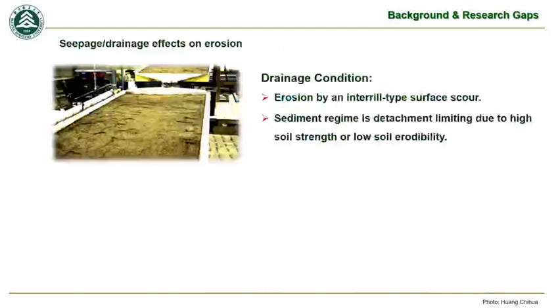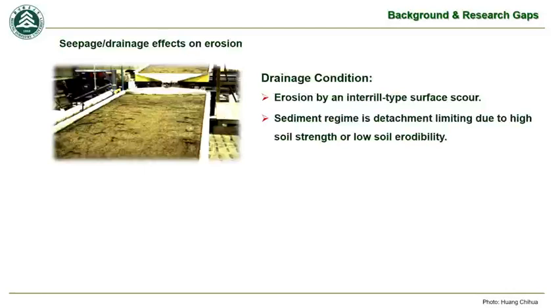Seepage and drainage conditions showed a significant effect on erosion processes. Under drainage conditions, the additional suction from the downward flow holds down the aggregates in place and increases the resistance of soil detachment. And the erosion pattern is mainly interrill.